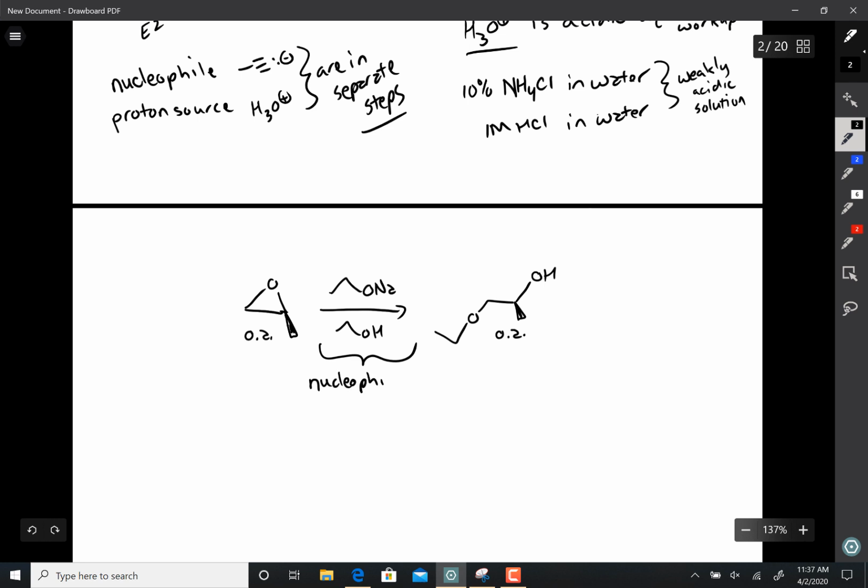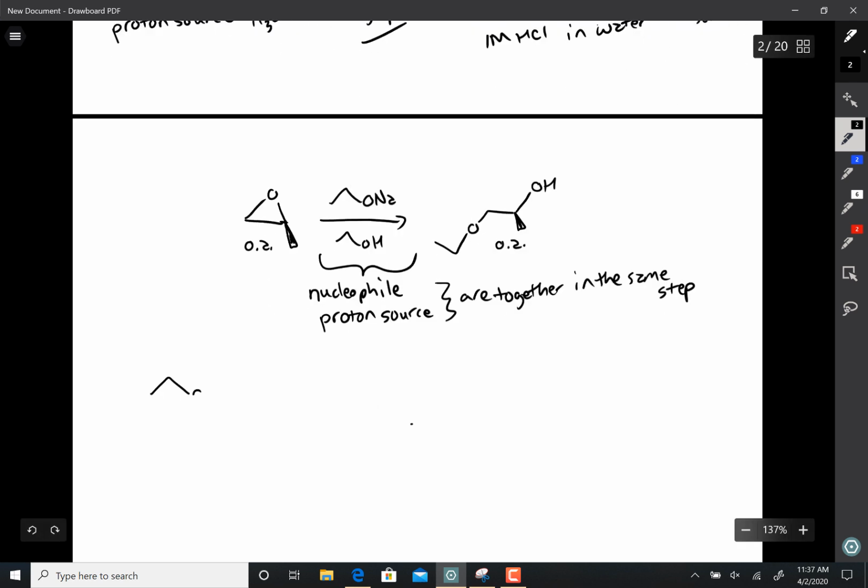Here the nucleophile and the proton source are together in the same step. And by step, I mean synthetic step. And this is perfectly acceptable, because if the base, the nucleophile, takes the proton off of the solvent, you get the same result.